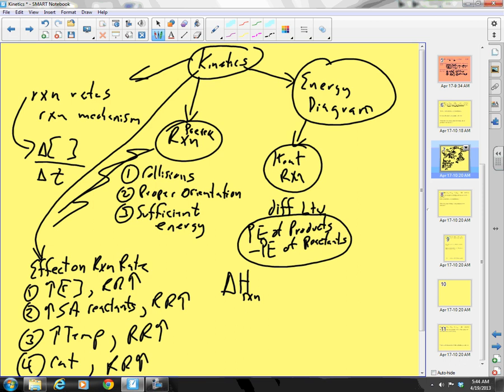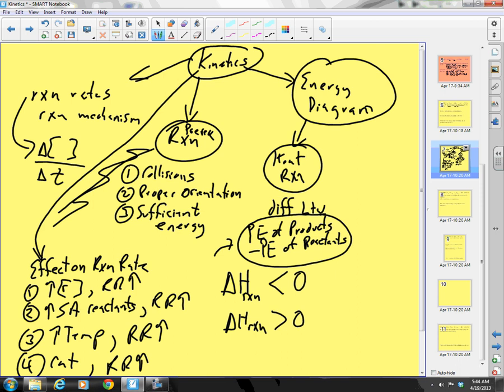The thing we need to understand here is we can have two outcomes. I can have delta H less than 0, and I can have delta H for my reaction greater than 0. When delta H of reaction is less than 0, what does that mean? That means it's negative. And if we go back to this, what does it mean if it's negative?